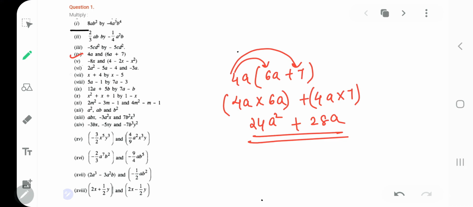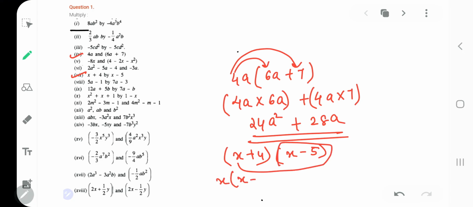Next, I'll be taking your 7th, that is x plus 4, which you have to multiply by x minus 5. So you have to take x and multiply with the complete bracket, x minus 5. You have to take plus 4 and multiply with the complete bracket, that is x minus 5. x into x, that will be x square.